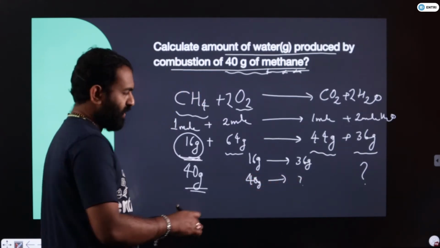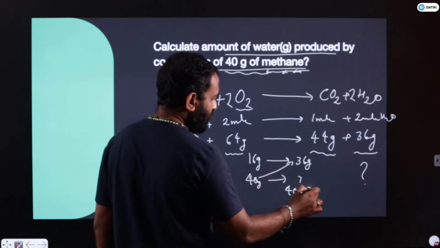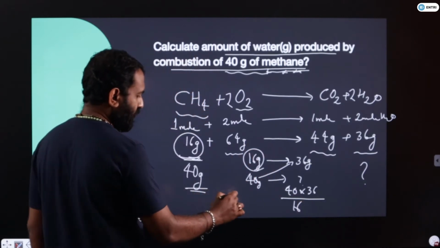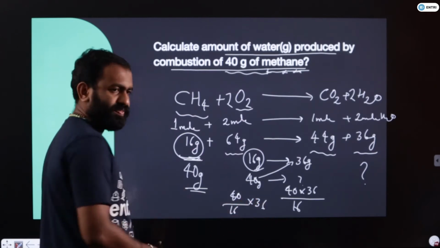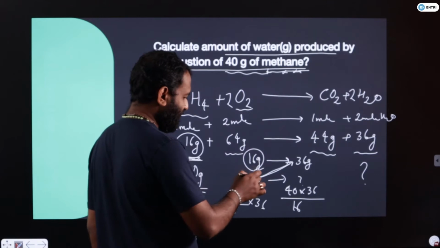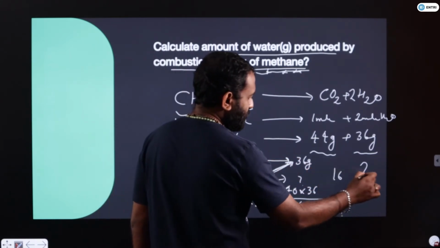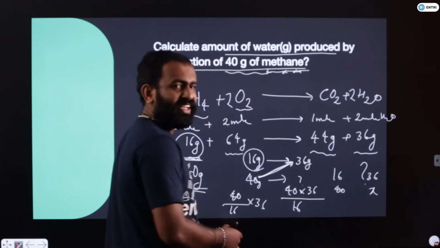Just cross multiply: 40 into 36 divided by 16. The required amount we write as x.